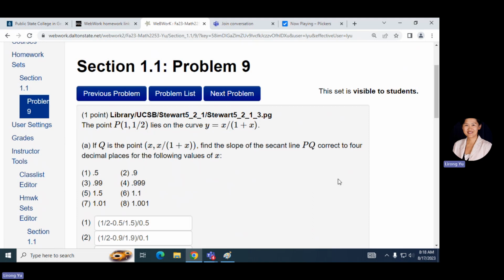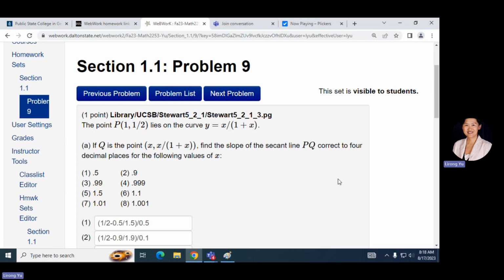So x equals 1, y equals 1 half. That point stays. And then we have a point that's moving. So the point Q has a coordinate x over 1 plus x. That is a point that changes when x is changing. So we're trying to find the slope of PQ, Q being the one that needs to be calculated.